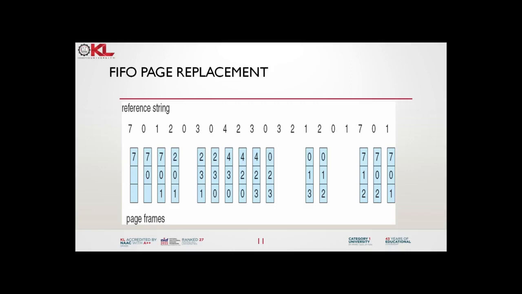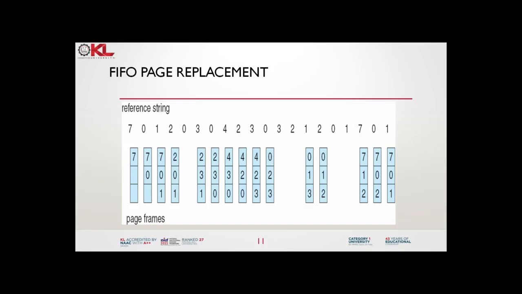That is what FIFO is about. First in, first out. If you see 7, 0, 1, which page came first? 7, right? So 7 is going to be replaced with the new page called 2. Isn't it? So now it becomes 2, 0, 1. Our frame size is as usual 3.